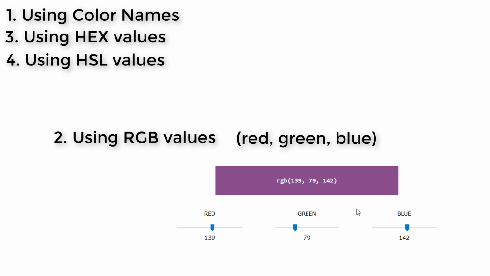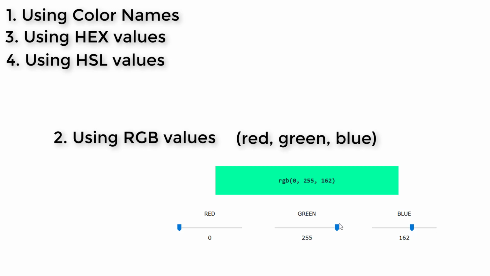Here you can see I'm changing the values of red, green, and blue and getting different colors. The minimum value for any color is 0. It means the absence of that color. And the maximum value of a color is 255. It means the maximum intensity of that color.